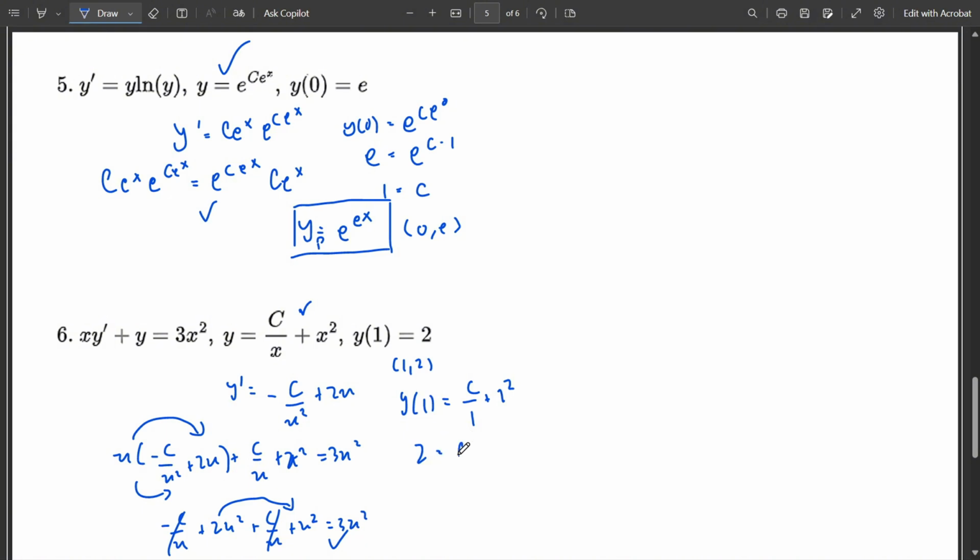So 2 equals c plus 1, and c equals 1. Okay? Substitute this back into the general solution. Oh, sorry, substituting c, we have y equals 1 over x plus x squared. Okay, this is the particular solution at the point 1 comma 2. Next.